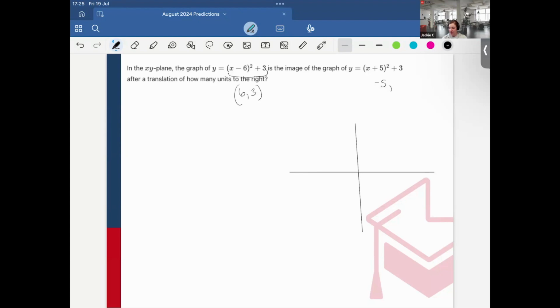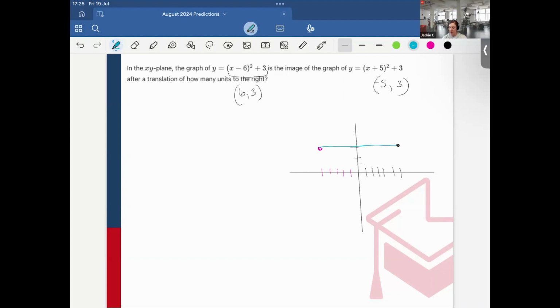Here I know my h value is positive 6, 3 in the original parabola, and then the image goes from negative 5 to positive 3. So I'm counting 1, 2, 3, 4, 5, 6, 1, 2, 3, it's around here. And the other one, 1, 2, 3, 4, 5. I'm trying to find the distance between here and here, and it says translation of how many units to the right.